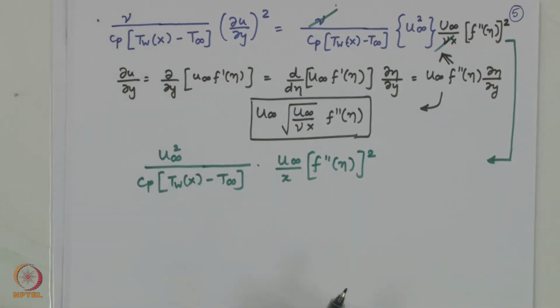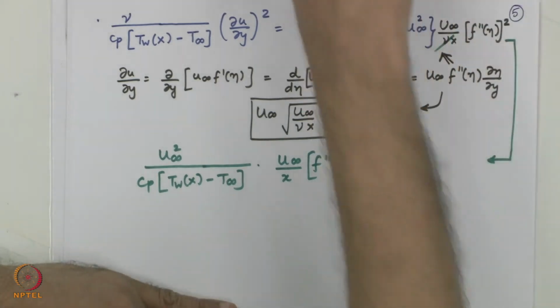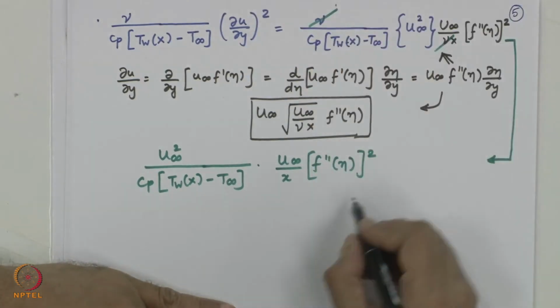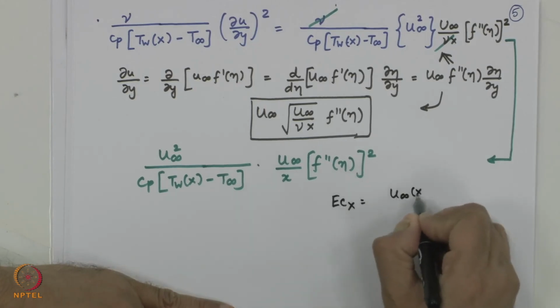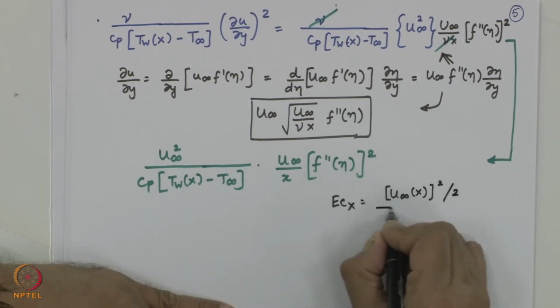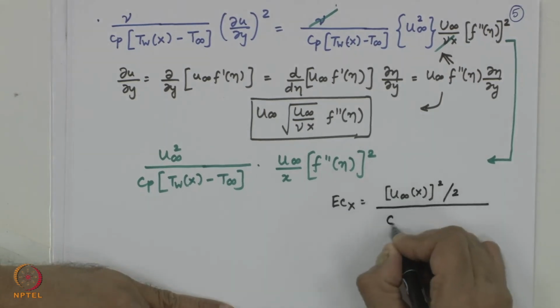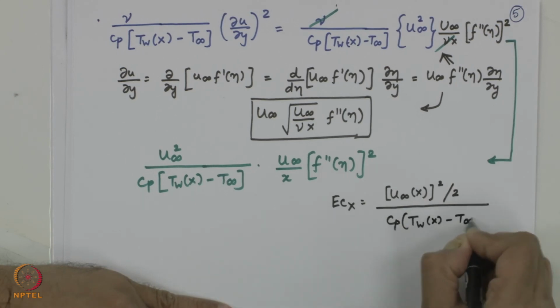And if I define my Eckert number, what is my definition of Eckert number? Local Eckert number is u∞ squared, the kinetic energy, divided by Cp (T_wall(x) minus T∞).